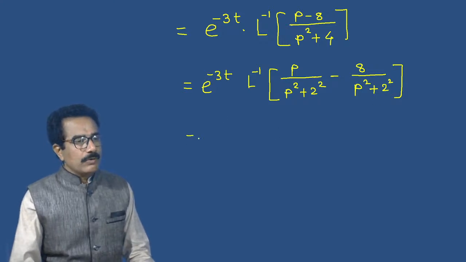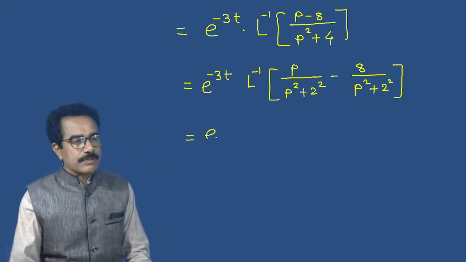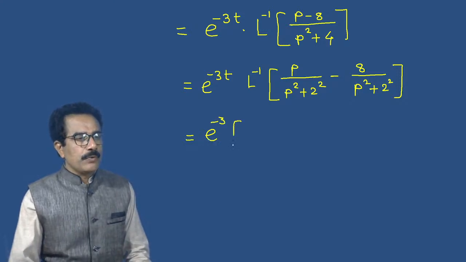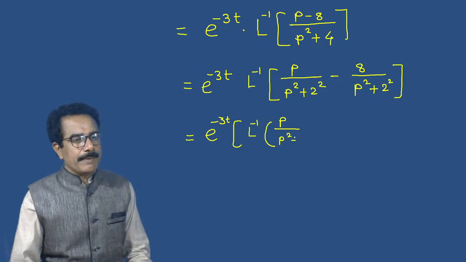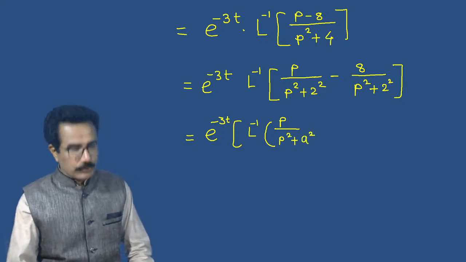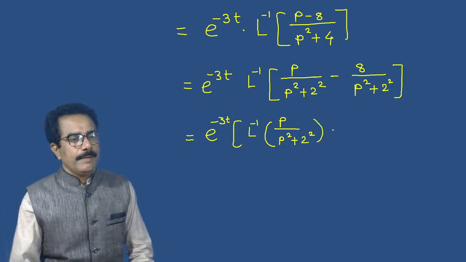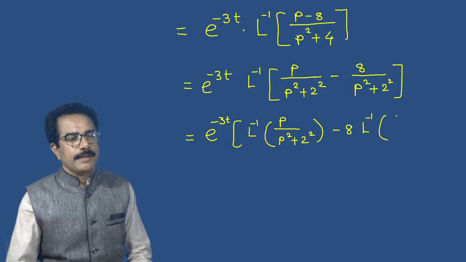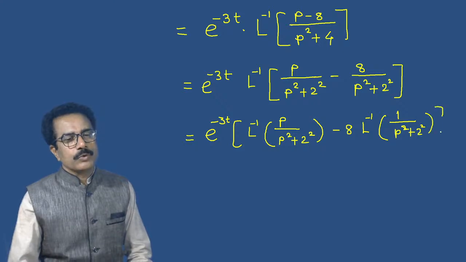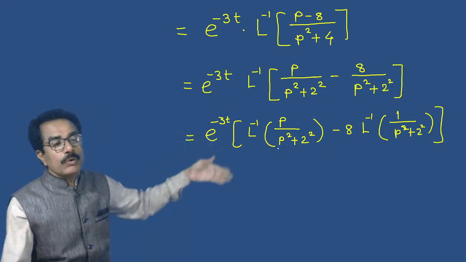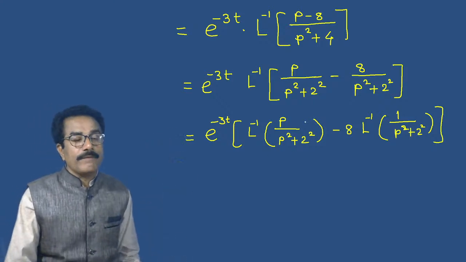Now the inverse Laplace transform is also a linear transform. So we can write L inverse of p divided by p square plus 2 square, minus 8 into L inverse of 1 divided by p square plus 2 square. Now students, tell me which formula we have to use for the first term.